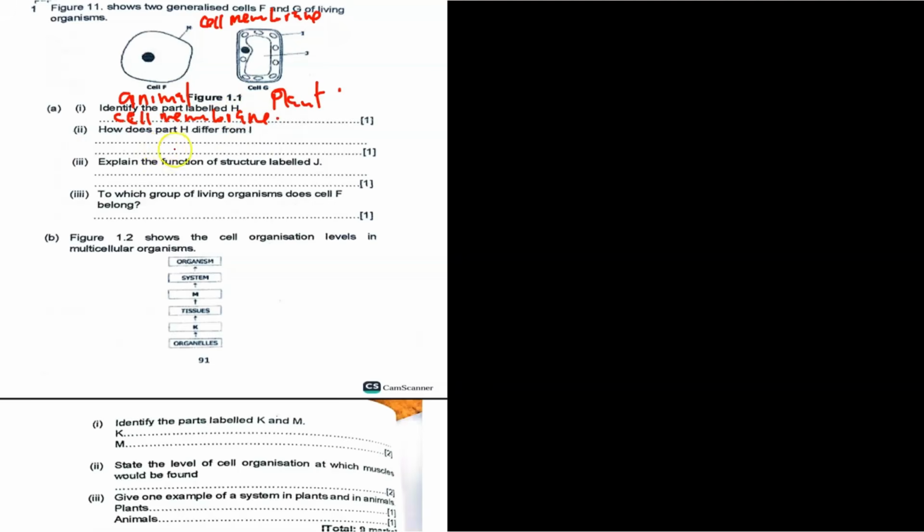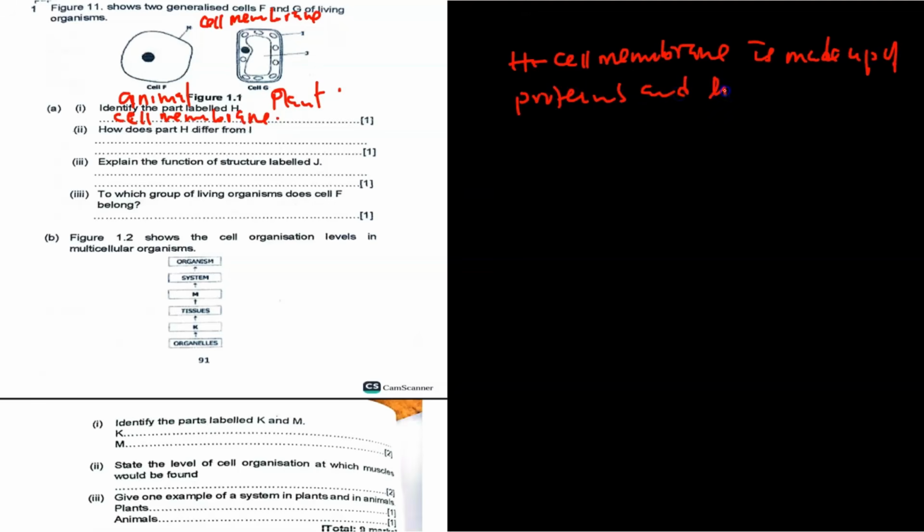How does part H differ from I? I is this one, it's the cell wall. Then H is here. So how does it differ? In terms of their makeup, H, which is the cell membrane, is made up of proteins and lipids.